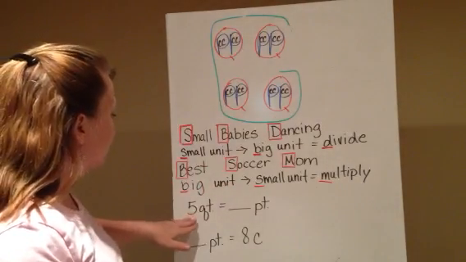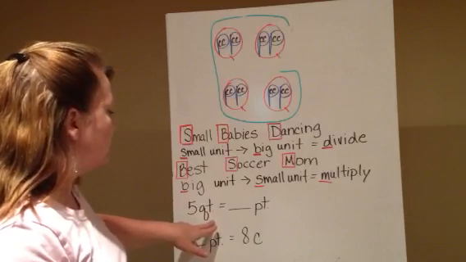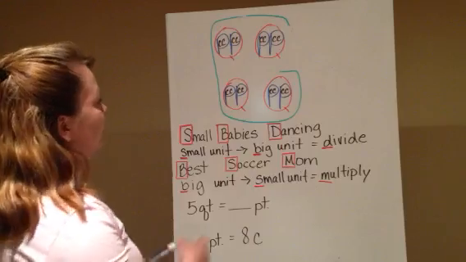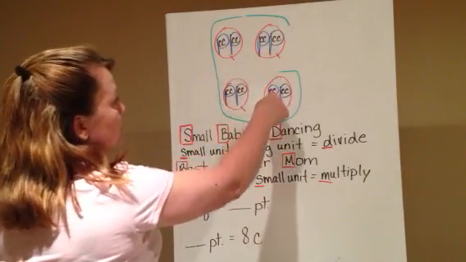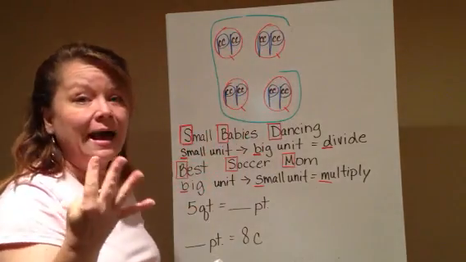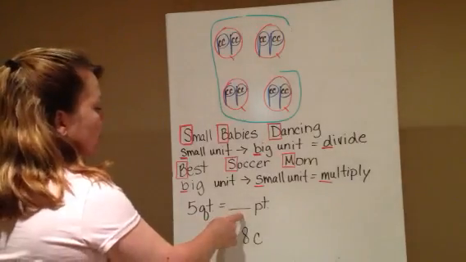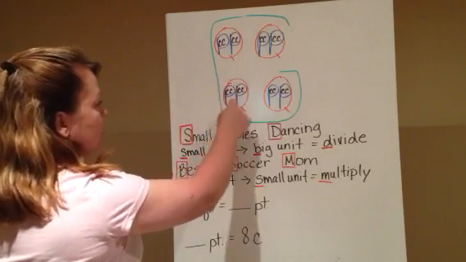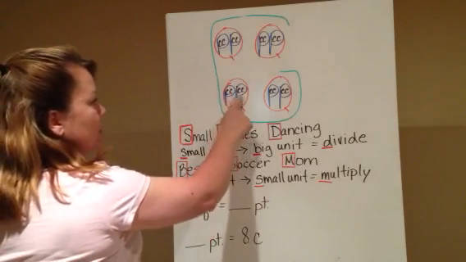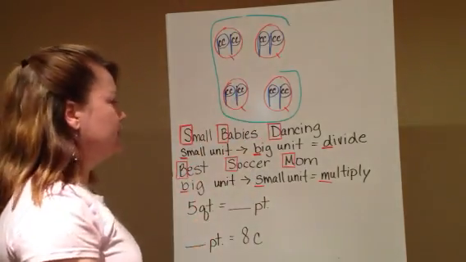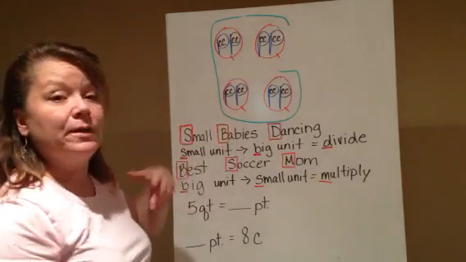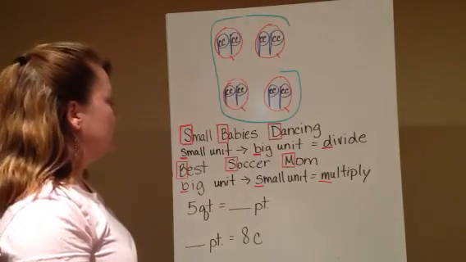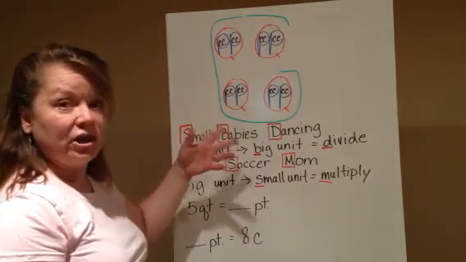So let's say that we have 5 quarts, and I want to know how many pints that is. So if I have 5 quarts, there's 4 in 1 gallon, right? But I want to know how many pints that is. So if I look specifically at a quart, just 1 is going to be 2 pints. Now, is a quart a bigger unit or a smaller unit than a pint? A quart is a bigger unit.